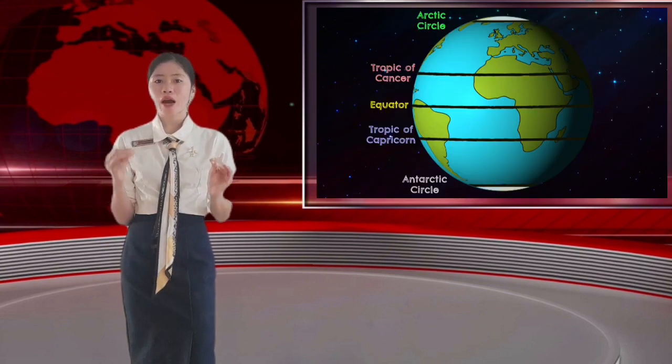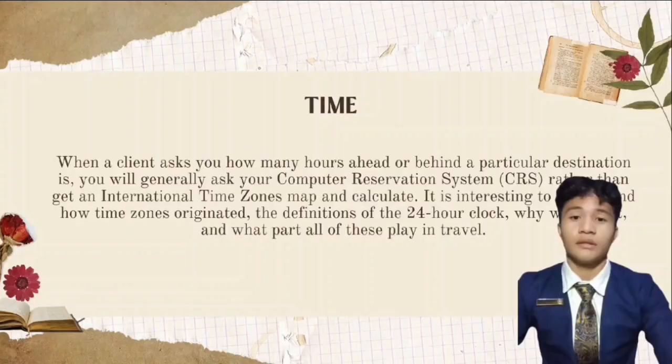They delineate the boundaries of the polar regions where daylight hours vary greatly throughout the year due to the Earth's tilt. So overall, longitude and latitude are foundational concepts in geography and cartography, enabling precise navigation, mapping, and understanding of Earth's geography.